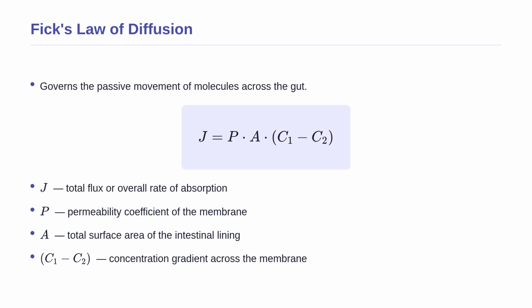P is the permeability, showing how easily a molecule passes through. A is the total surface area of the gut lining, which is massive due to millions of tiny folds called villi. Finally, C1 minus C2 is the concentration gradient. If the surface area A decreases, the total absorption rate J will drop dramatically.